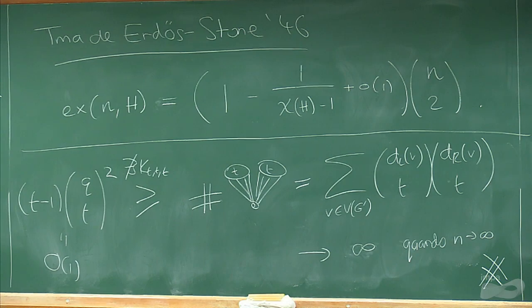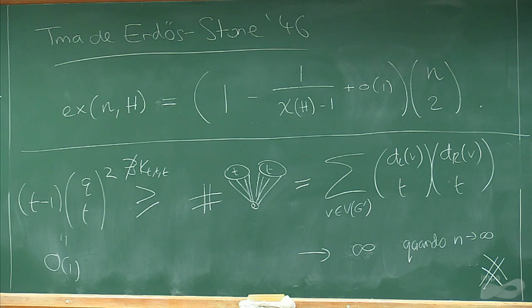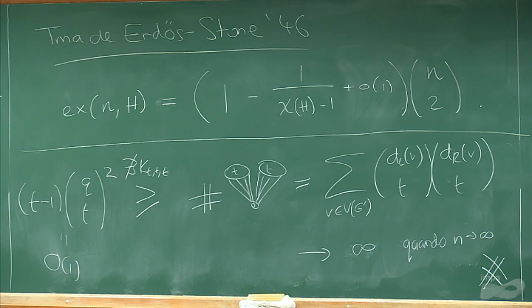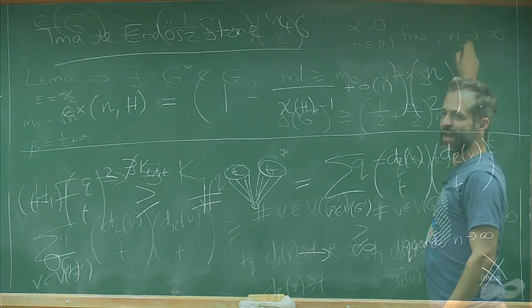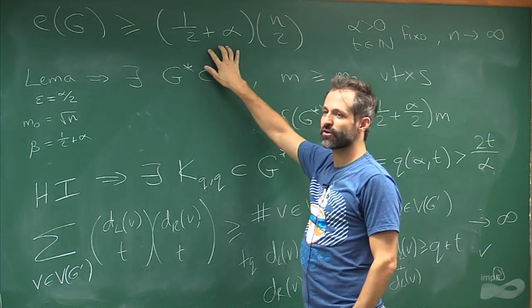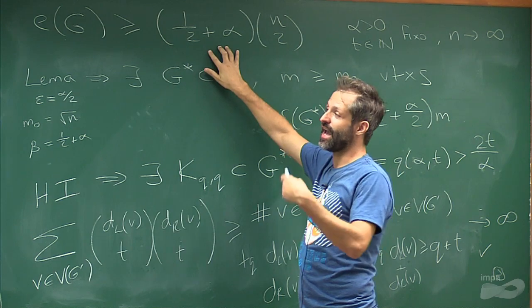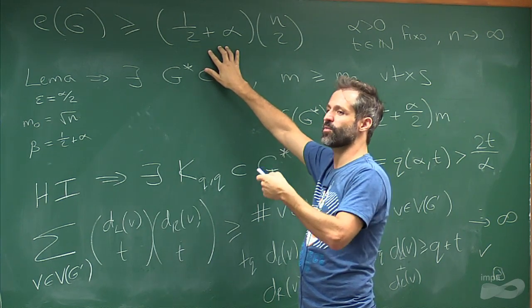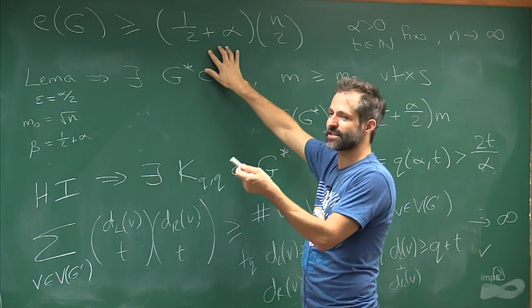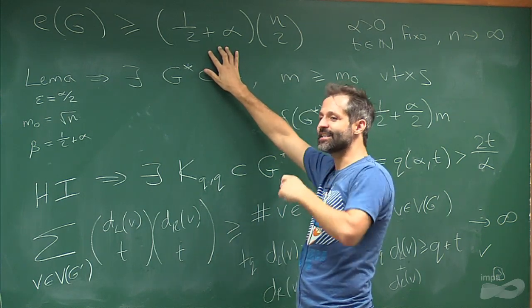I mean, we have the Erdős–Stone theorem. Yeah, that statement. So we found a K_{t,t,t}. For any alpha and any t, we've shown that if n is sufficiently large, a graph with this many edges contains K_{t,t,t}. So for any H, the first observation was any H with chromatic number 3 is contained in K_{t,t,t}.